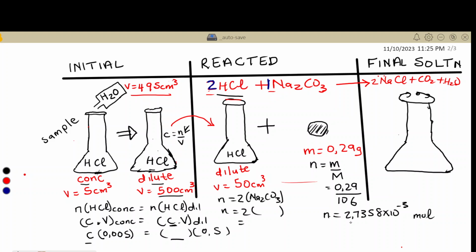Okay, so now that we do know the number of moles of the sodium carbonate, we need to multiply now by 2 to get the number of moles for the dilute acid.